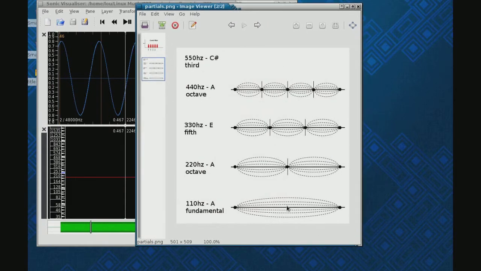If a string vibrates at, let's say, 110 hertz, 110 vibrations per second, we call that an A. But what's actually happening when that string vibrates, or that air column vibrates, or that bell, or the reed in a saxophone, whatever it would be, as it vibrates, it pushes the air at 110, but it also pushes the air at 220 as it mixes with the compressed air that it had before, and 330 and 440 and 550 and 660 and on up.